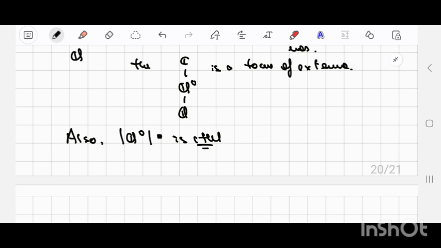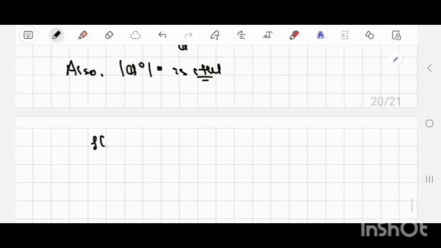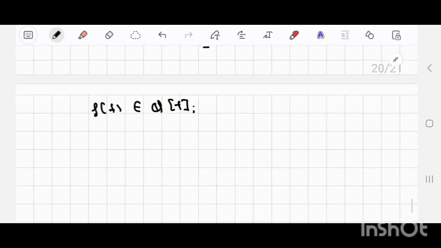Is it clear? Now observe something very interesting. If I choose any polynomial f(t) in Q[t], then all roots of f(t) are in Q naught, right? Because every algebraic element over Q, that is every algebraic number, must be in Q naught.